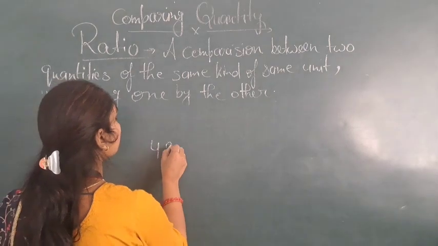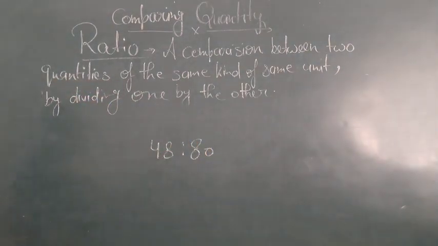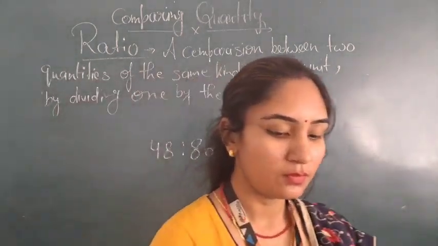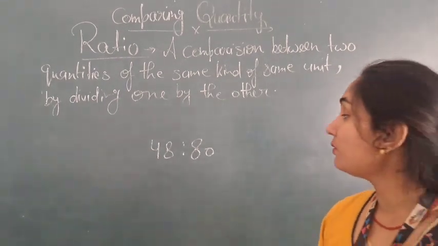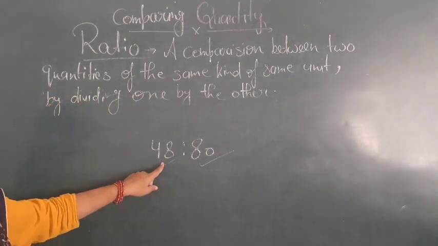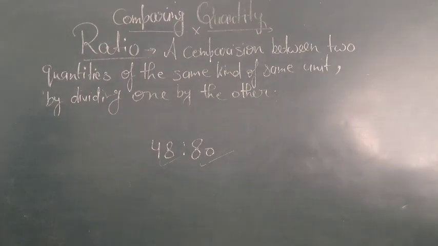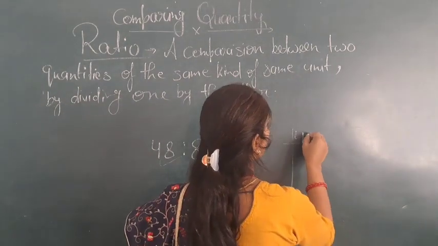If we have the quantities 48 and 80 and have to make the ratio in the simplest form, first of all we will find the HCF of 48 and 80. What will be the HCF? That is 16. Let us find it.